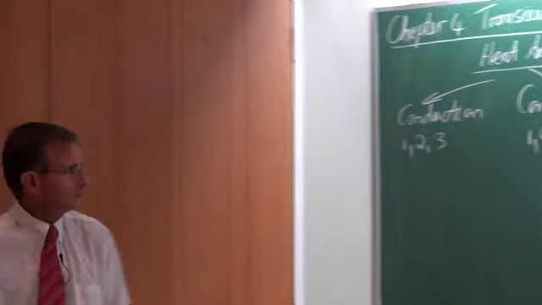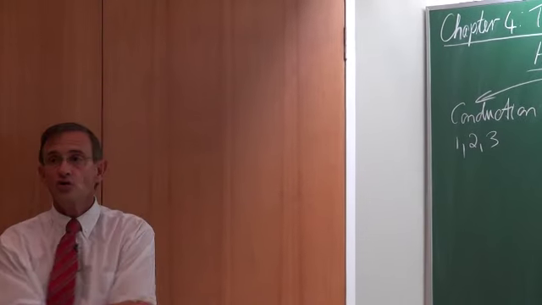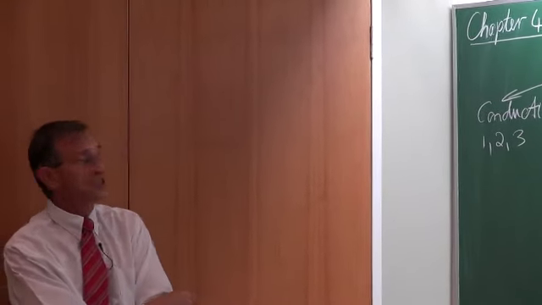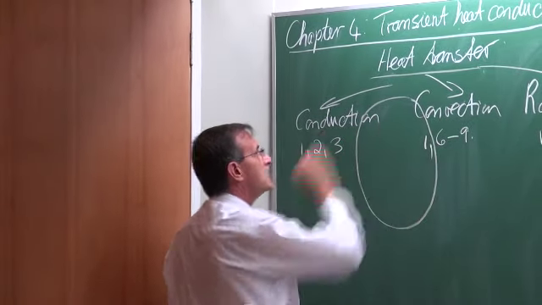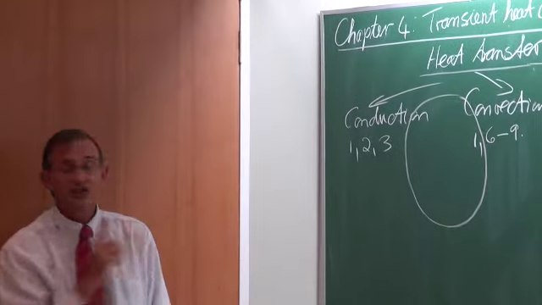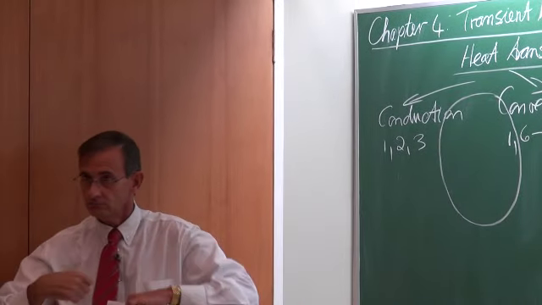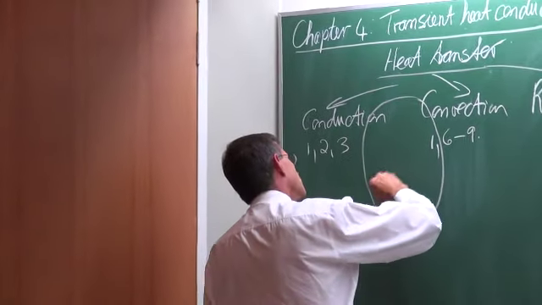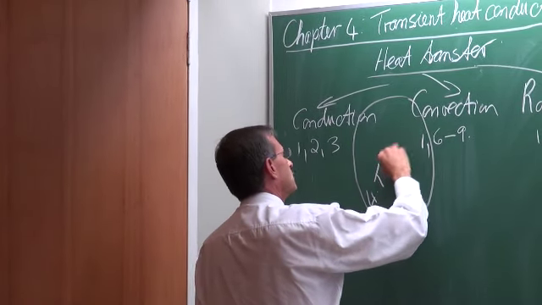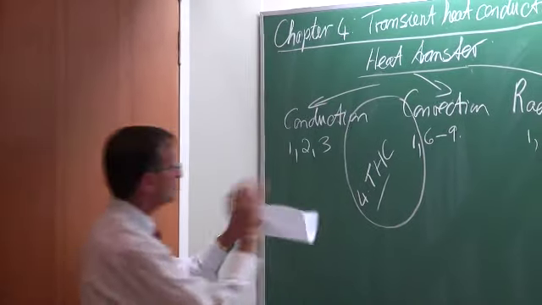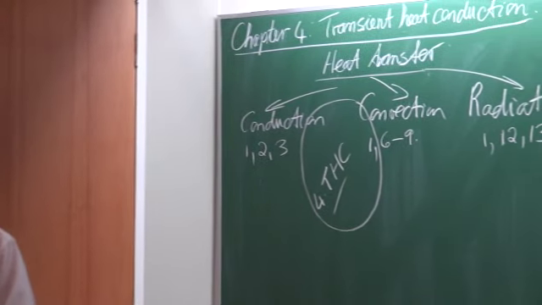Okay. Now, transient heat conduction, this chapter, sort of falls in between conduction and convection. So chapter 4 is transient heat conduction, sort of overlapping between the two.